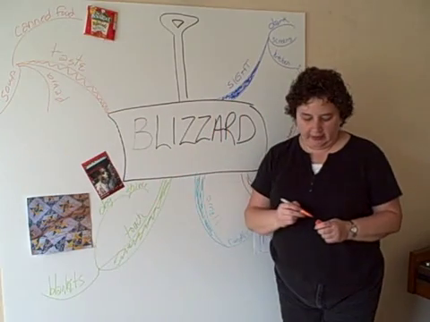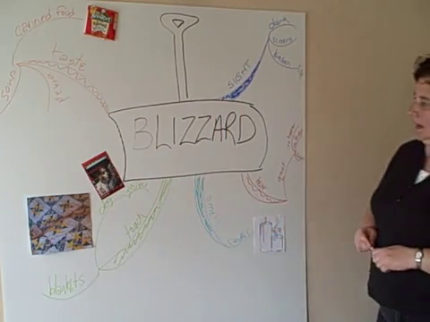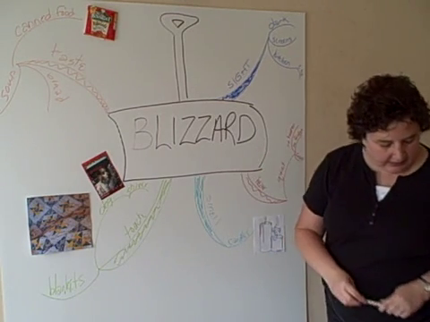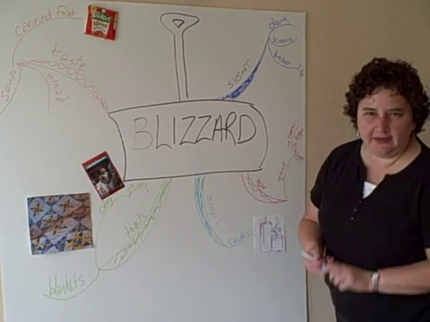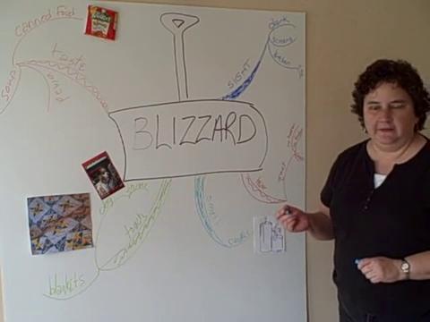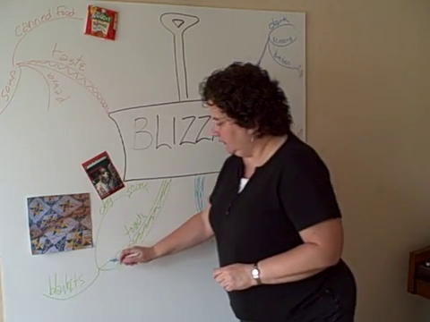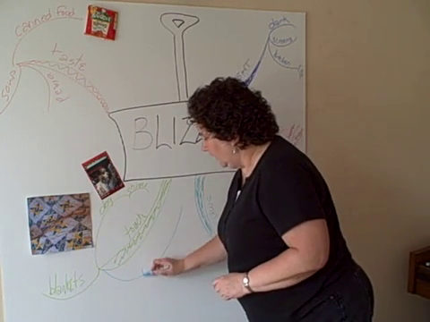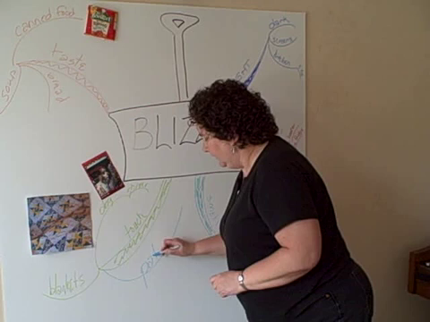So now, when I go to write my essay, I can look at these notes, all organized here graphically, and maybe I even want to add, what kind of emotions did I feel when I was stuck in this storm? I had to show patience.